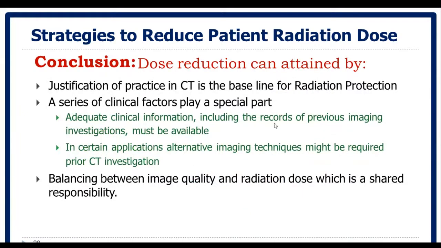At the conclusion, always the justification of practice in CT is the baseline for radiation protection, and we need to think about having adequate clinical information. And after that, as a team, work together to balance between the image quality and radiation dose as a shared responsibility.